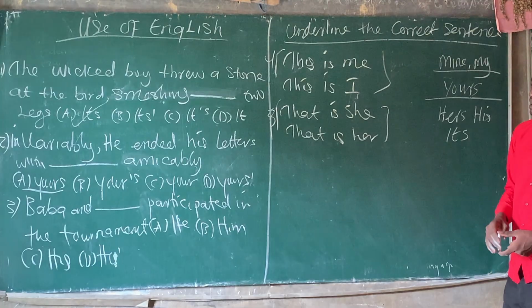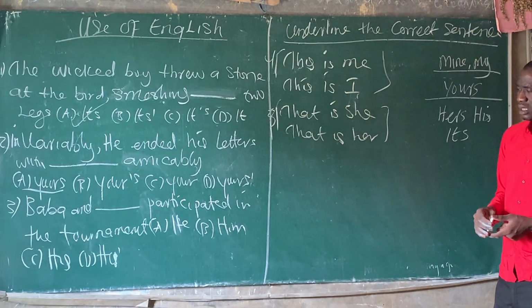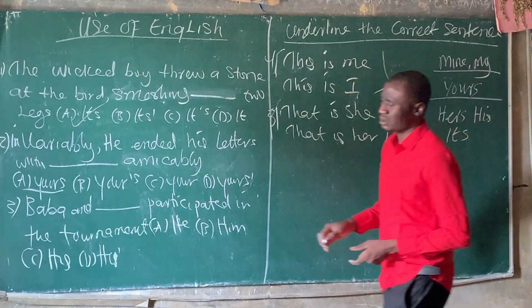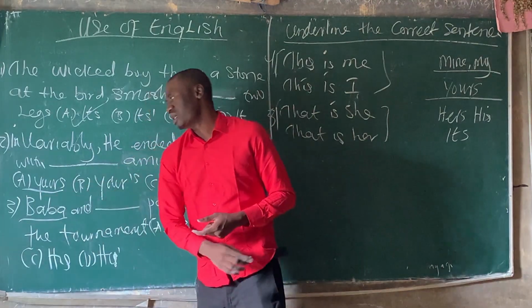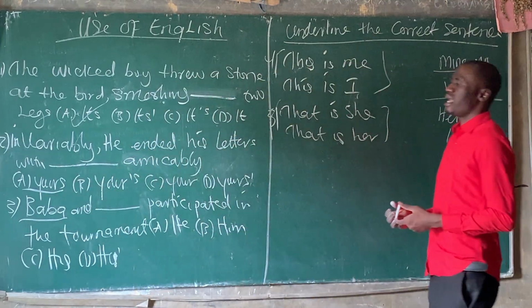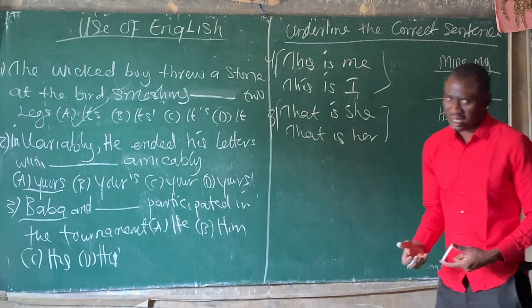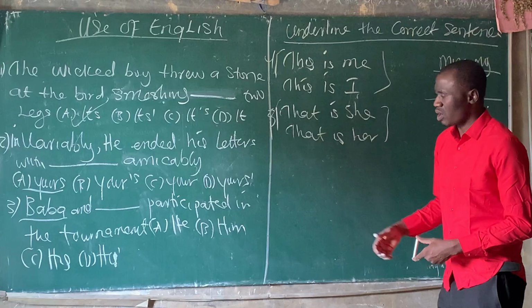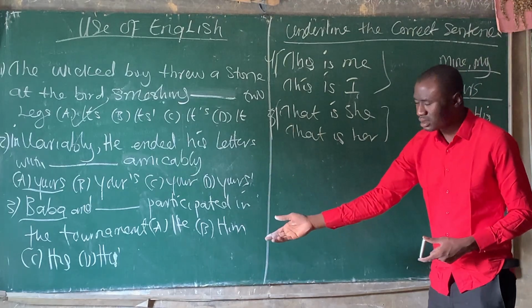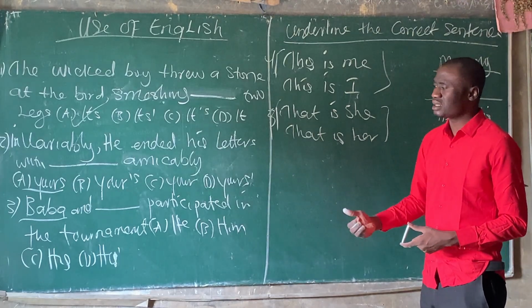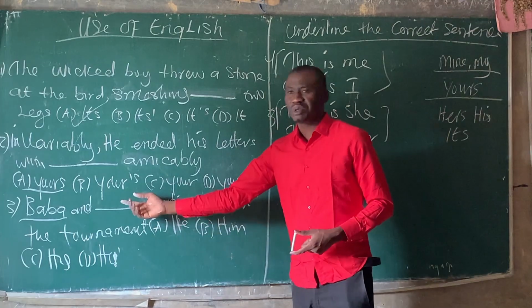Baba and dash participated in a tournament. Now, Baba is a subject. Baba is a what? A subject. And Baba is a noun. And it's also a subject. But Baba is someone's name. Then he or him or his is used to replace the noun that ought to be here.